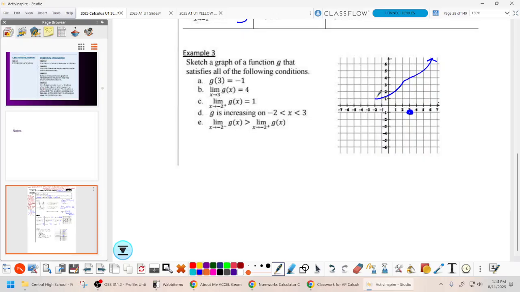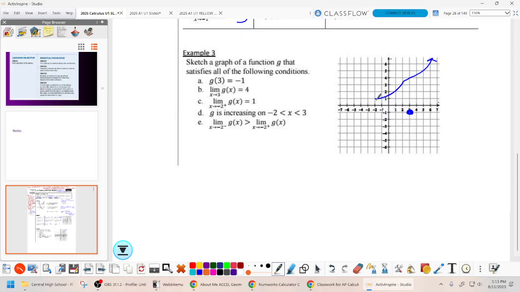G is increasing. Now we might have to, because we're reading a new condition, on the interval -2 to 3. So is this still increasing, even though I put that little cusp right there? Yes. All right. Limit as x approaches -2 from the left. Perfect.